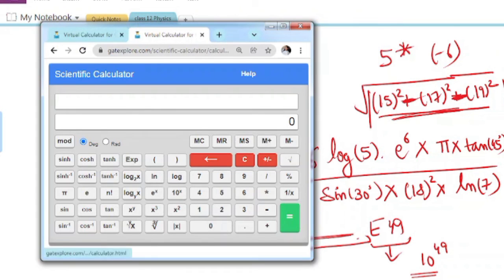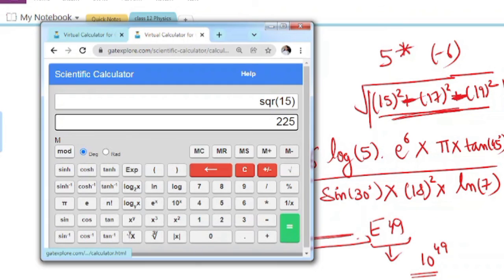So find 15 square, you get the value, M minus, you have to separate the terms, remember these things. Clear. Then 17 square, get the value, use M minus again, clear data again. 19 square, you get the value and clear.